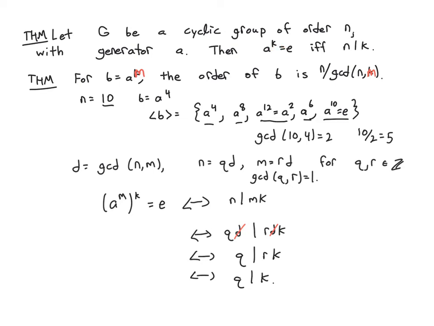And so we see that the order of b is q. If it's got any order at all, it has to be that one. And then you can see that that's the one that has to work, because then you can just check that a to the qk is the identity.